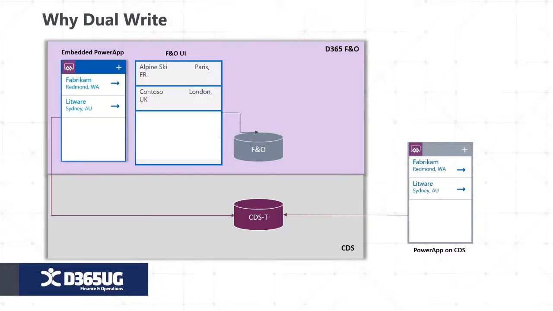So the question arises, and also, the F&O database does not live natively in CDS. If you want to have F&O data in CDS, you have to do something, and one option would be to set up a Data Integrator.